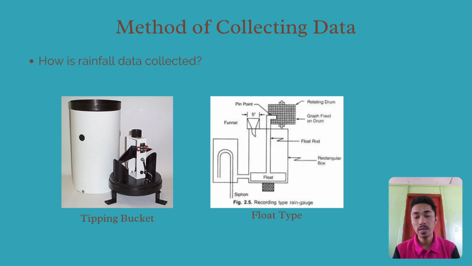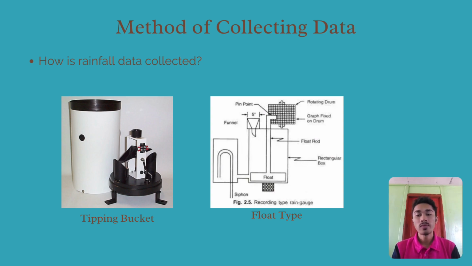Firstly, the rain gauge. Rain gauges are often used everywhere, and in a lot of cases they are preferred compared to other instruments for collecting precipitation data. There are two types of rain gauges. Firstly, the standard rain gauge is simply a cylindrical container with a funnel at the top to direct rainfall into a graduated measuring tube.